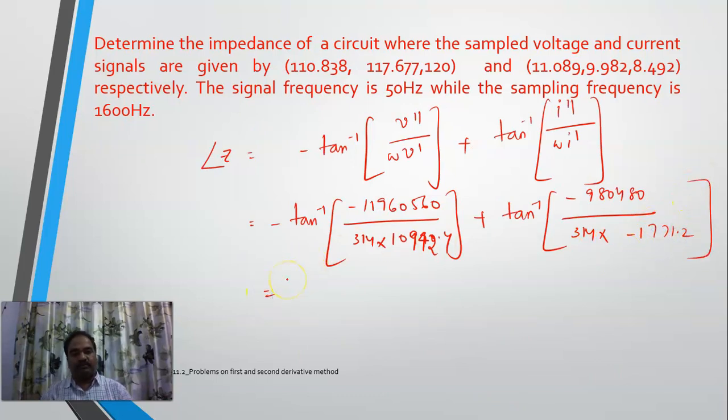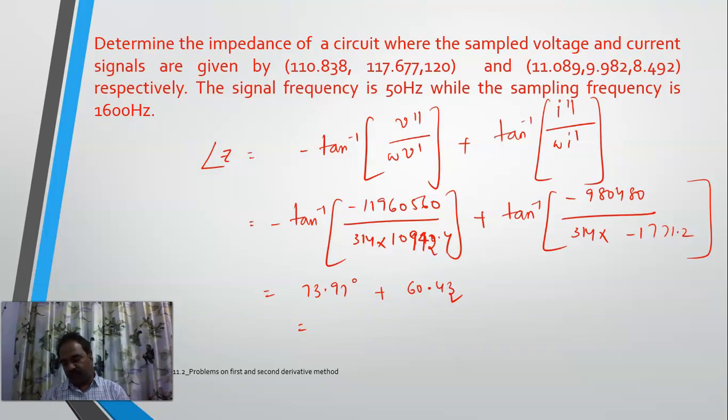Now if I try to solve this particular one, I'll get 11560960 divided by 314, which gives 73.97, plus 60.43.